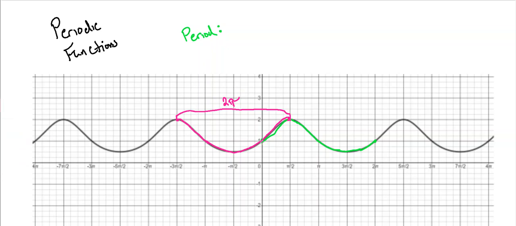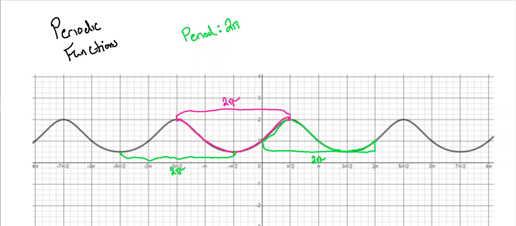If I measure the distance from this point here, travel along its cycle, the distance between these two points within the full cycle, 0 to 2 pi, is also a distance of 2 pi. I could have also done from the minimum to minimum. This total distance here is 2 pi. So the period of this particular function is 2 pi. Okay, so that is one key characteristic.